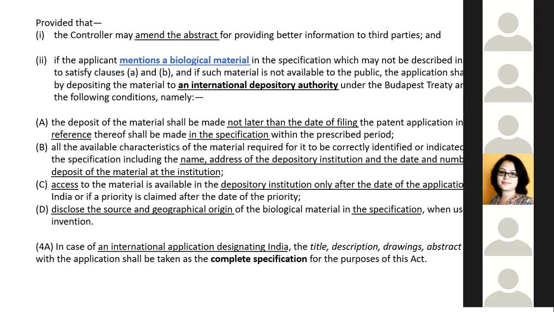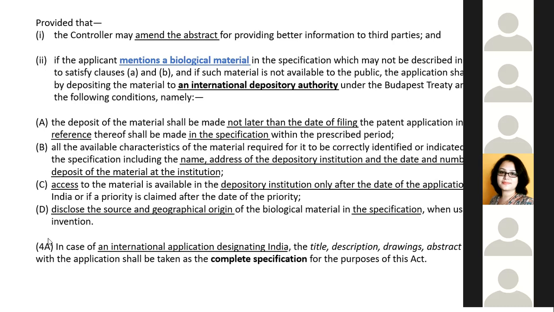I guess 99% नहीं है, but I will check this question too. 99% नहीं है because recently मैंने 2 NBA permission के लिए apply किया हुआ है. But there is not a specific section. Is that like the D1, disclose the source and geographical origin, because we usually do that for the biological material.